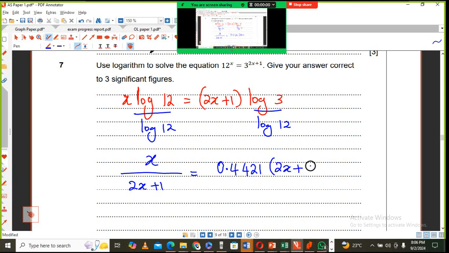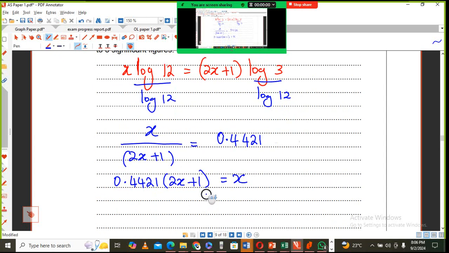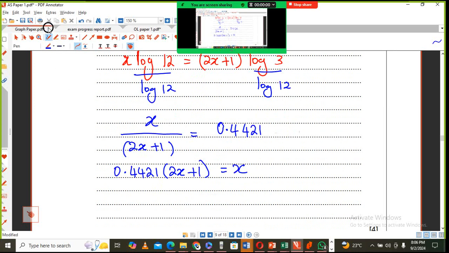So I'll be cross multiplying. 0.4421 times 2x plus 1. The objective is to get all the terms having x on one side. Any question?